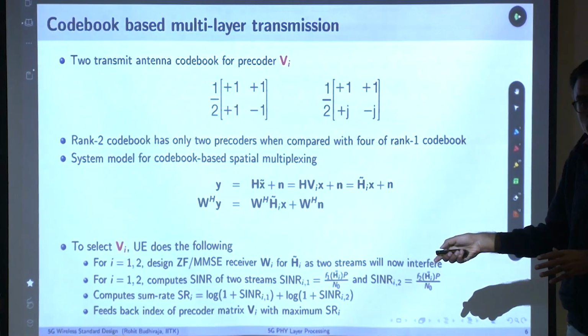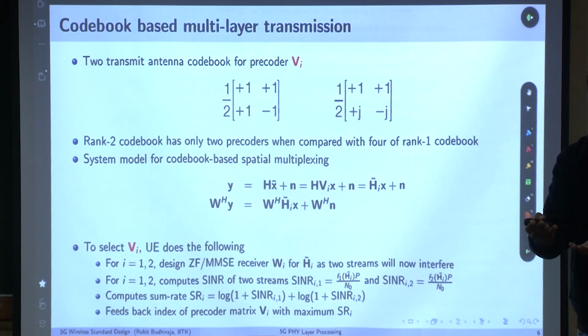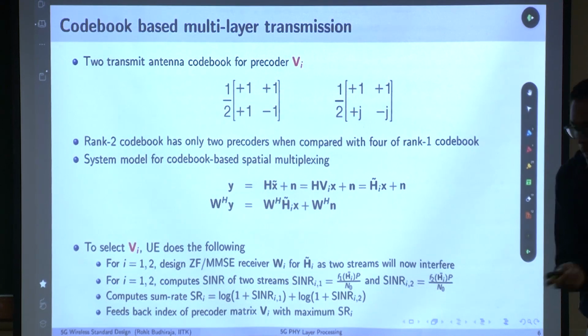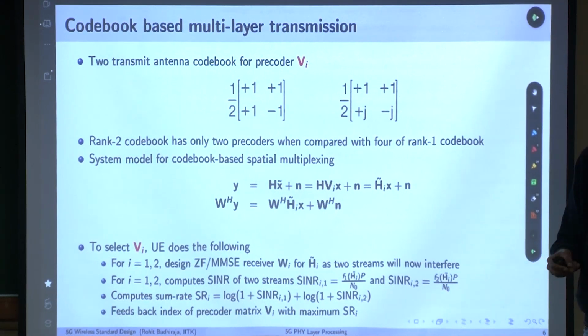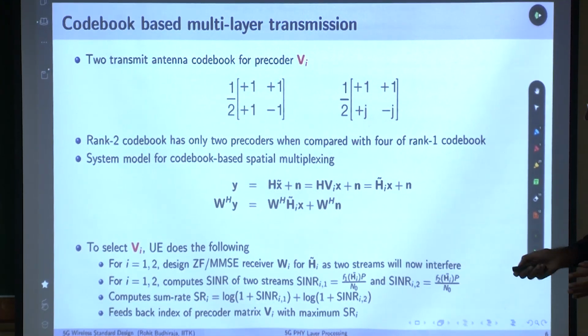Instead of 1 or 2, let's say there are 16 entries in the code book for a higher dimension system. You will have to do this operation for all 16 entries of the code book. If it is a rank 3 system, it will figure out how many such sum rates there will be.